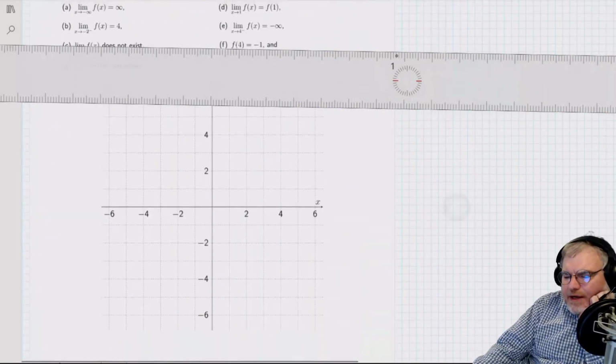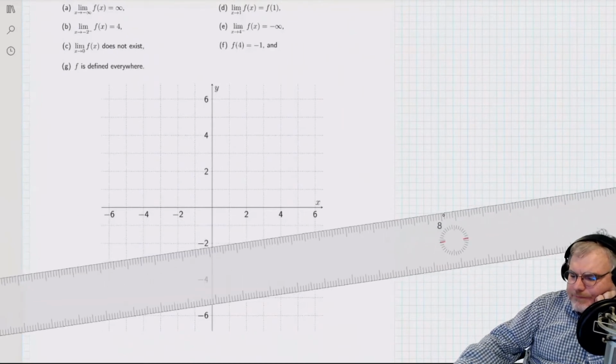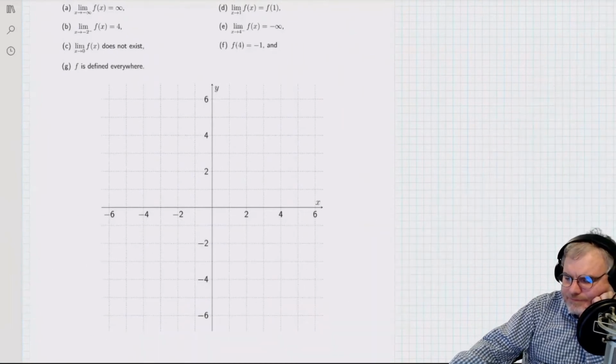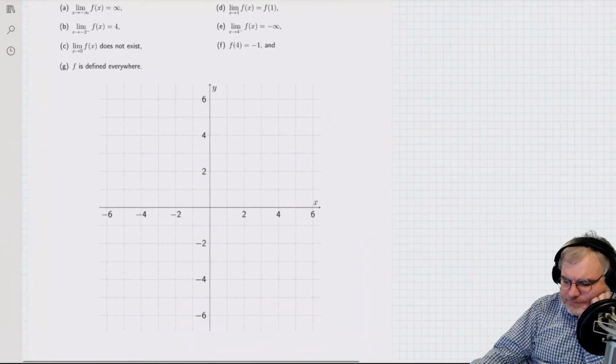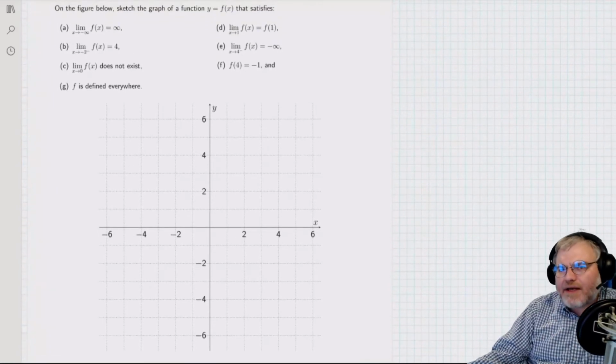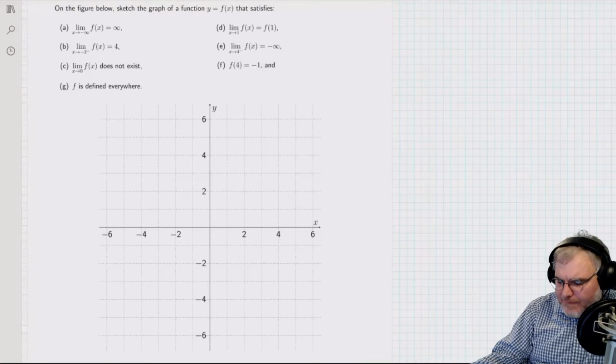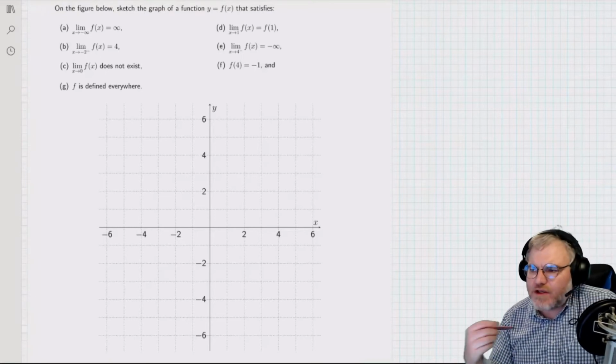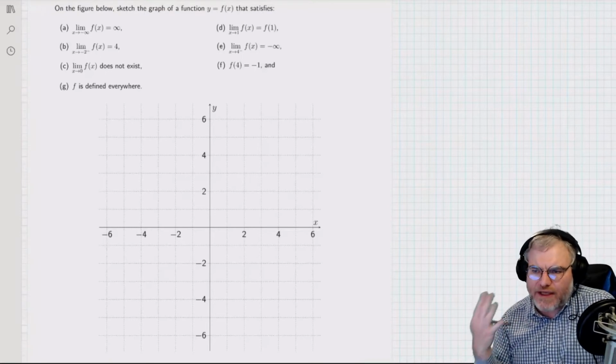This graph me problem. Let's go over it. What I'm going to do is just what I did last time. I'm going to plot points down and make notes. I'm going to do this in 3 phases.